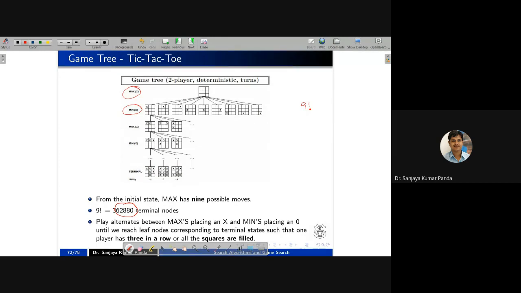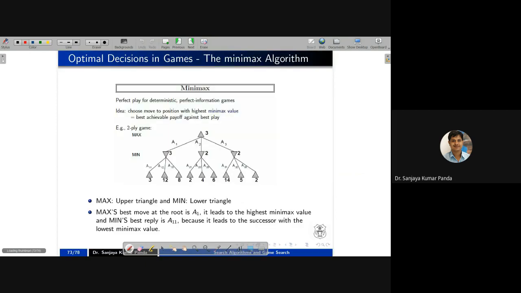But if you go to the next step, suppose one player has put a cross here. Now you have only eight cells to put your value. Suppose I put an O here. Then again you have 7 possibilities. So the way you move from the root node towards the leaf node, you will find the number of possibilities decreasing. At the initial level, it is very difficult to know how many nodes there are and where to go, but gradually the number of possibilities decreases.